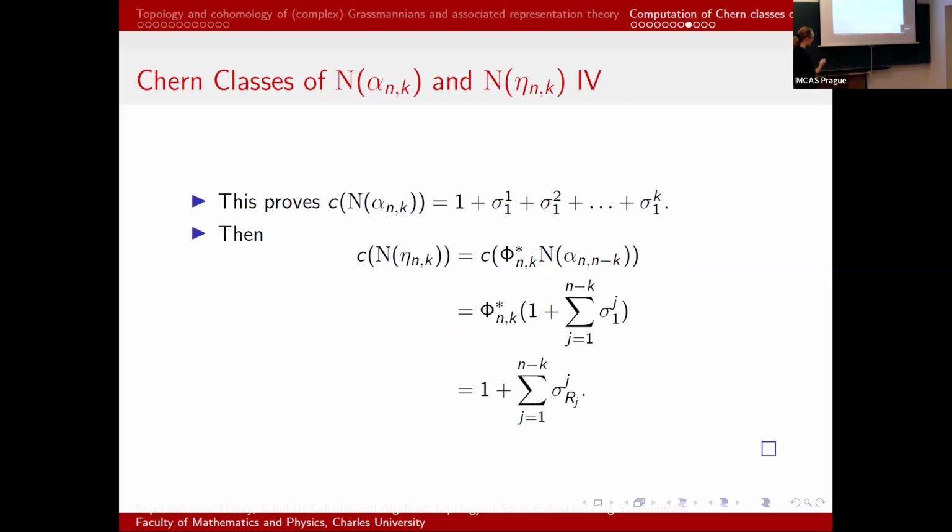Then, as mentioned before, the total Chern class of the horizontal normal bundle can be computed by pulling the normal bundle back to the vertical normal bundle, whose Chern classes we now already know, and then we just use the fact that p star transposes the Young diagrams, and it takes these column partitions and makes them into the row partitions. And that concludes the proof of the theorem.